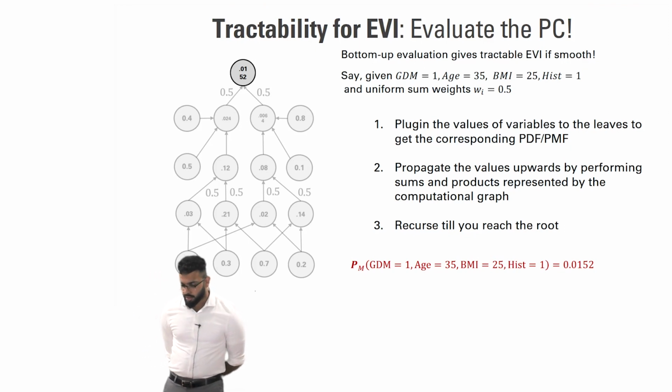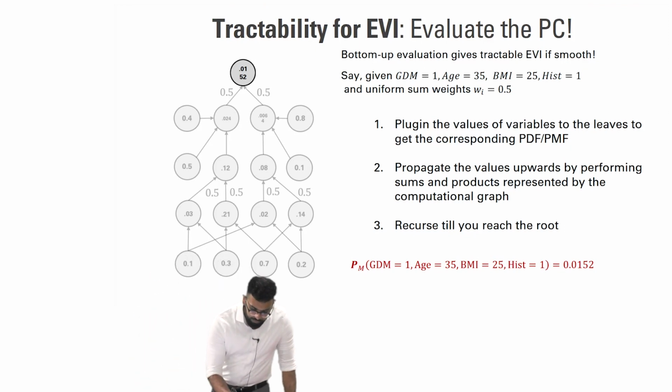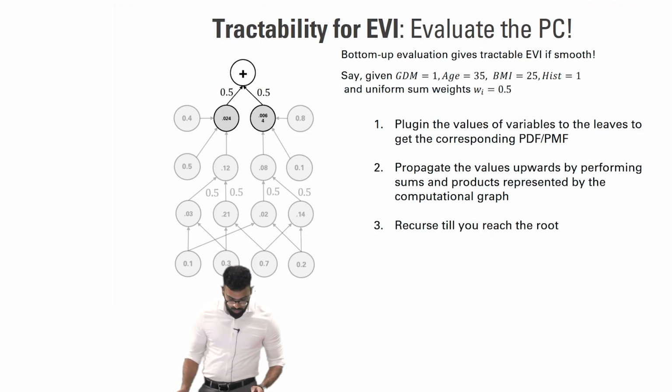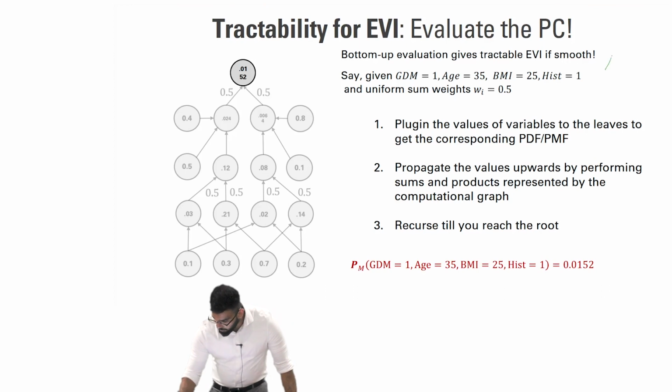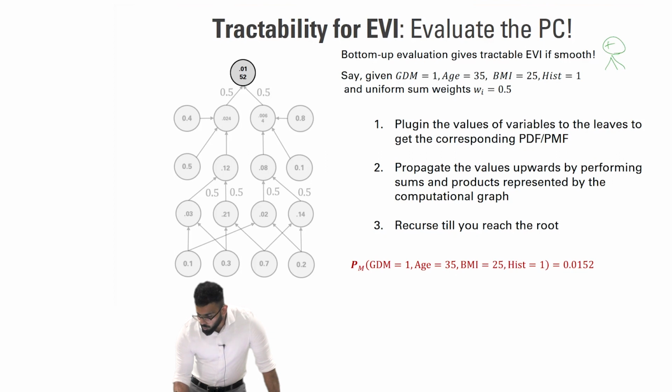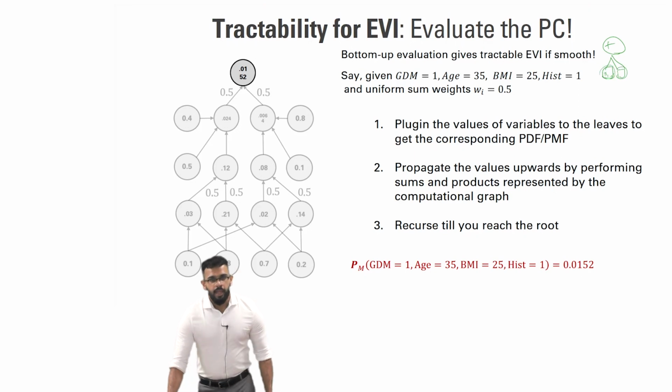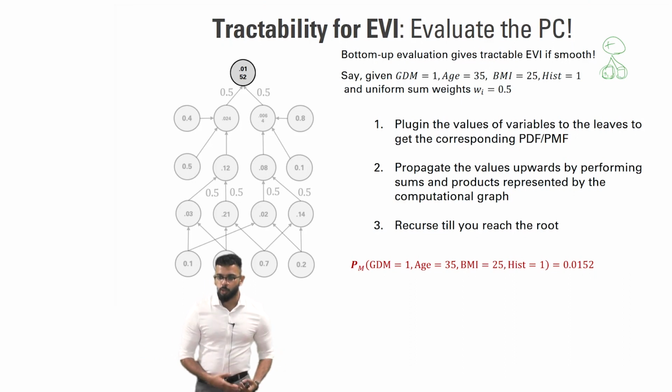So the children of the root node, let me go back to this. Let's say you have 3 children at the root level. Each of them would be computing a function over the entire scope, so at the root level, you would be looking at all the variables. If you have x1 up till xn, you have x1 up till xn as the scope of each child. So at the root node, you will be mixing over the entire space, and at lower levels, you will be mixing over subspaces. That's the idea.